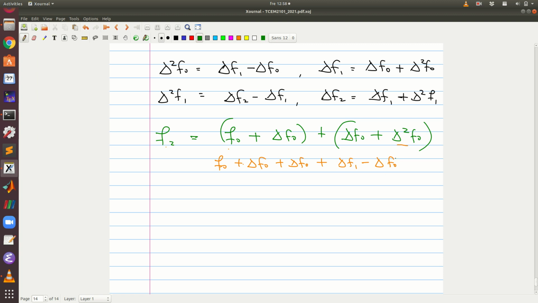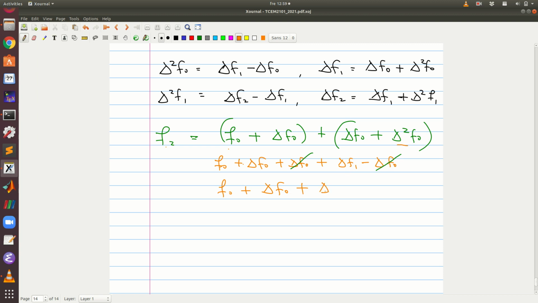Here we already have this term and one of these which cancel. So now we have f0 plus the forward difference at f0 plus the forward difference at f1.